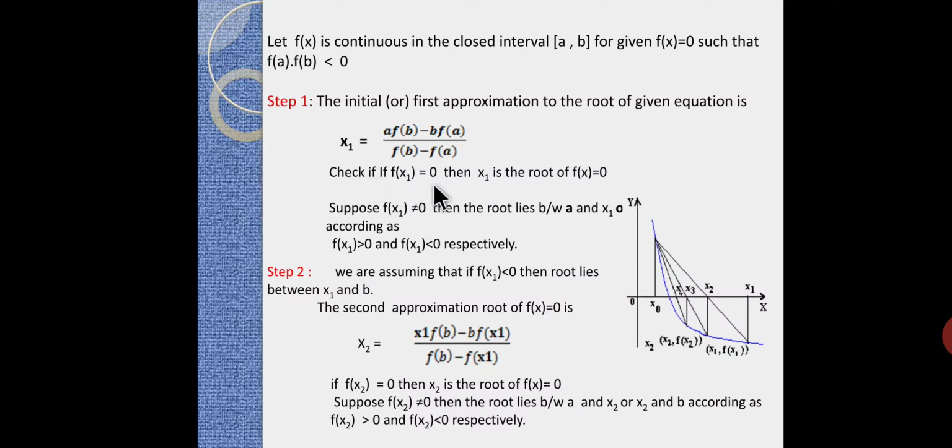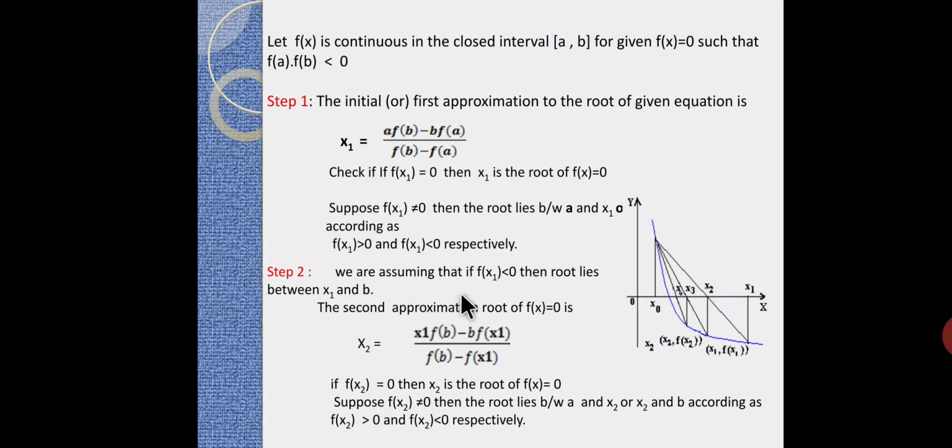Check if f(x1) is equal to 0, then x1 is the root of f(x) = 0. If f(x1) is not equal to 0, then the root lies between a and x1 or x1 and b, according as f(x1) is greater than 0 or f(x1) is less than 0 respectively.